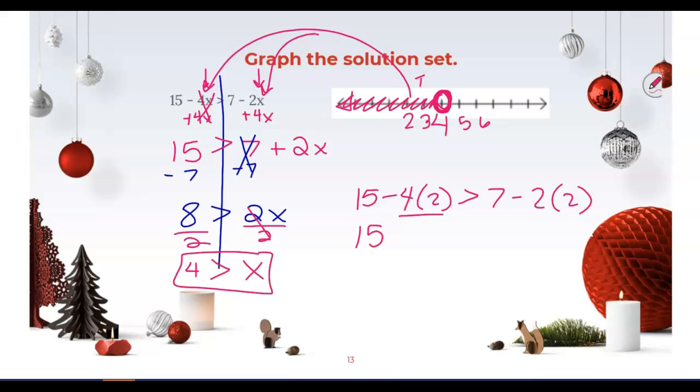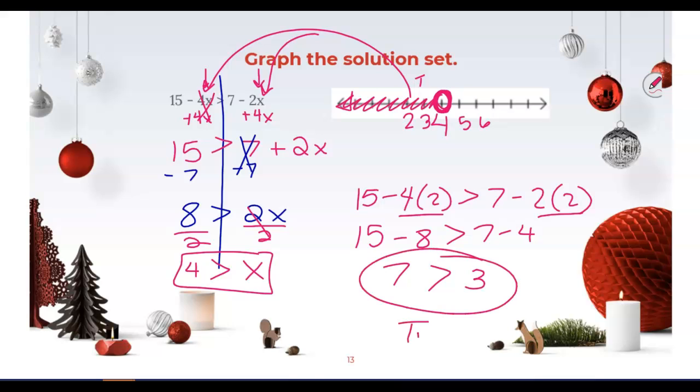All right, so 4 times 2 is 8. 15 minus 8 is 7. On this side, 7 minus 4, and that's equal to 3. So is 7 greater than 3? Well, yes, it is. I'm not looking for the equal to case right now. I'm just seeing, is the inequality true? And it is shaded correctly.